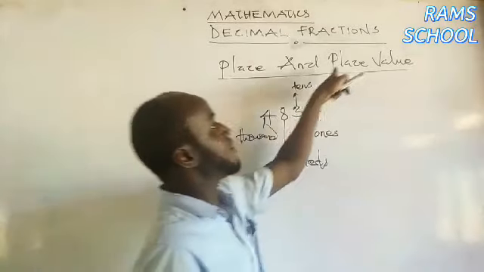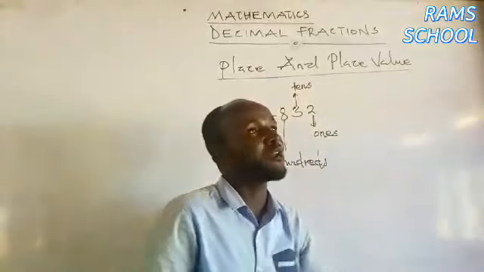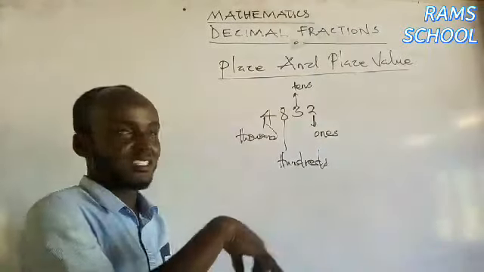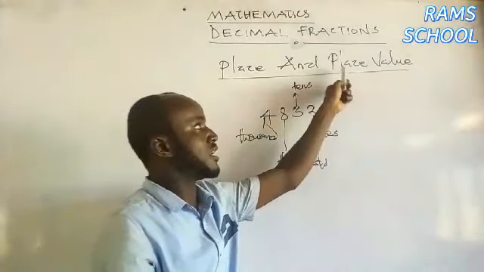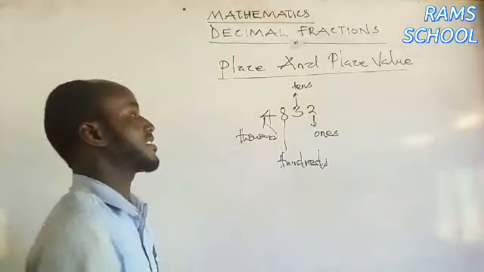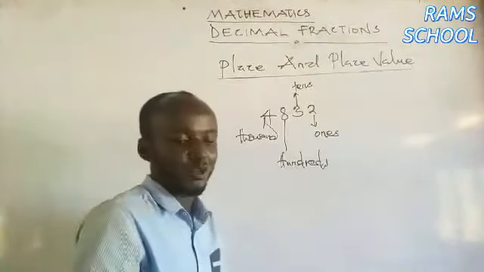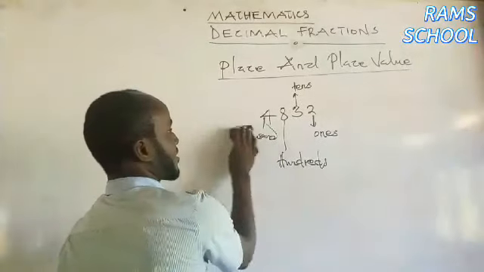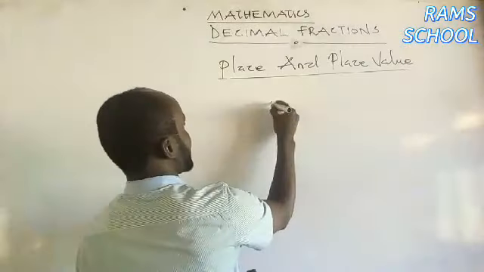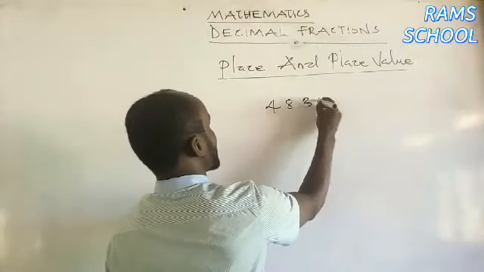And we also look at place value. When we say place value, we are looking at the value of the digits based on how they are placed. Place value is the value of the digits due to their position or place. So to get the place value, let's take the same digits, 4,832.